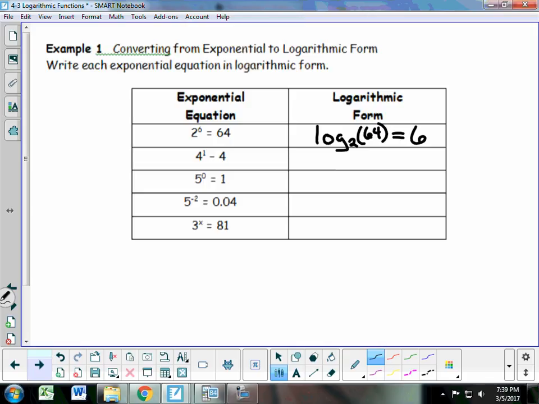That's supposed to be an equal sign on this next guy. All right, so log base 4 of 4 is equal to the exponent, which is 1.